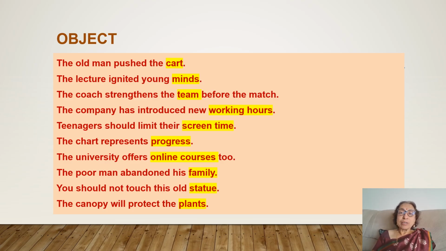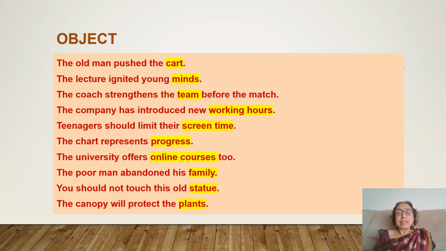I'm only talking about the object nouns here. So you see, the old man pushed. Incomplete. What? The cart. So cart is the direct object. It is the only object for the verb. So if it is the only object, we say object. When there are two, the problem comes, which is direct and which is indirect. These two things you need to remember.